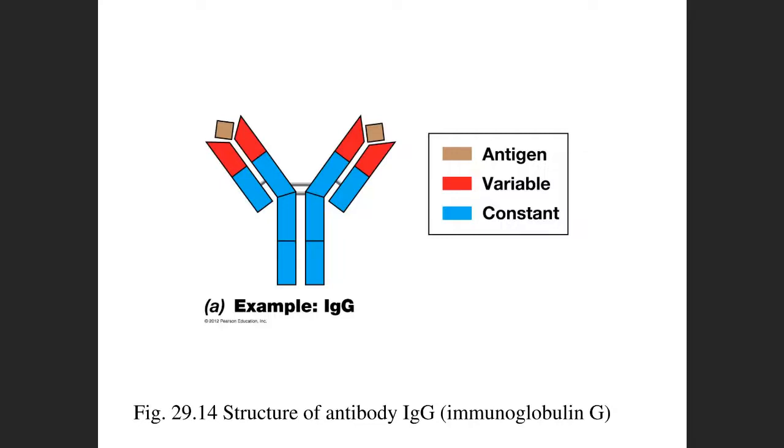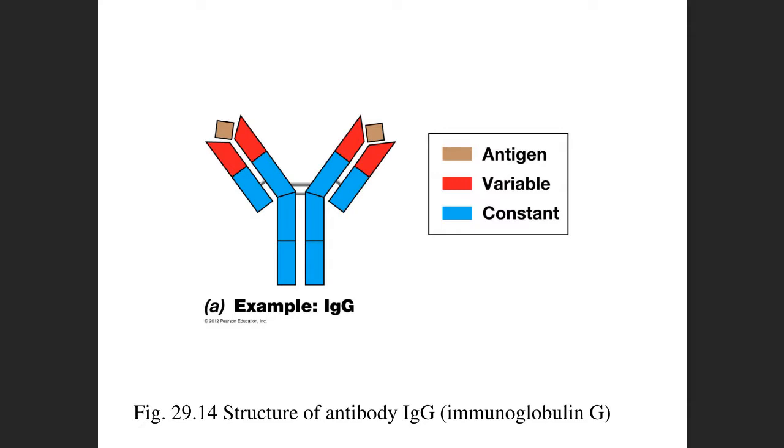Each B cell will have one set of the variable region. Okay, so it is important that you understand where the variation is. The variation is at the individual B cell. So when one B cell recognizes COVID-19, that one gets activated and reproduced, and that's where the clonal selection concept comes in.